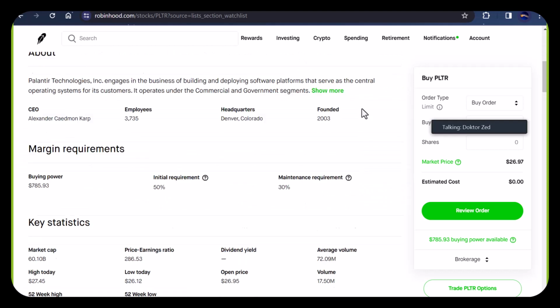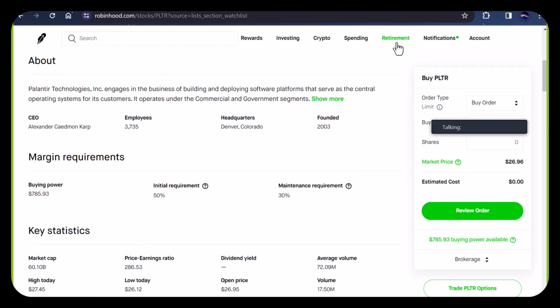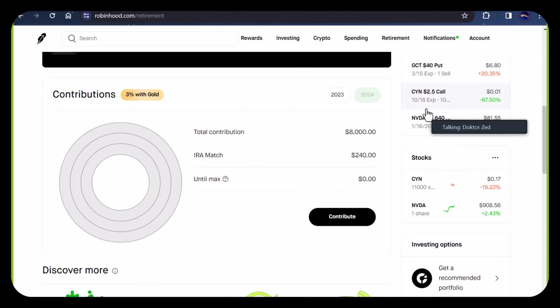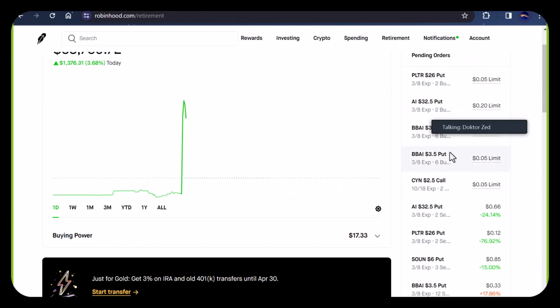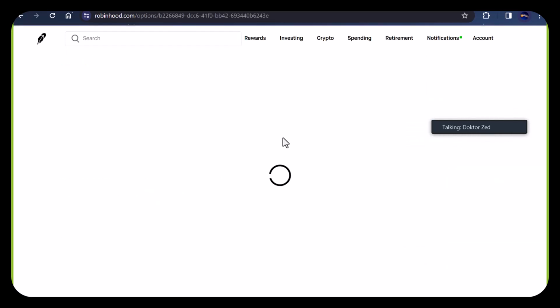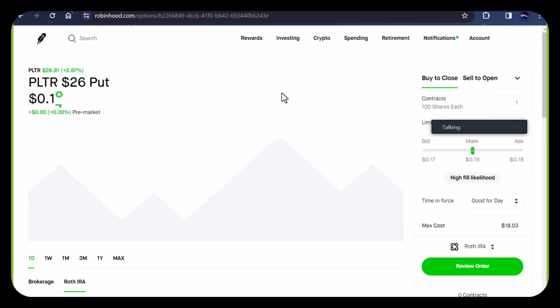It's still trading at 17. Oh, 14, 18. Doesn't matter. I have till tomorrow, 3:30, to get out of it.